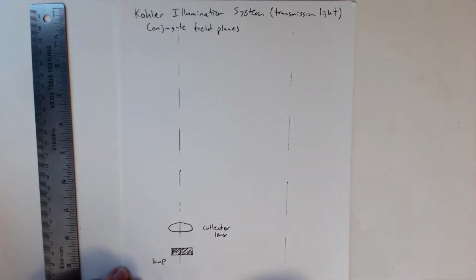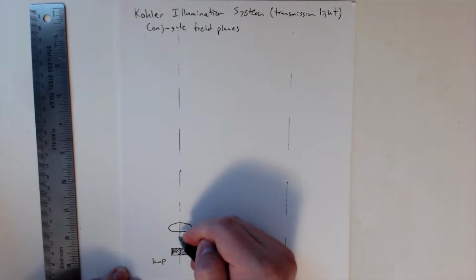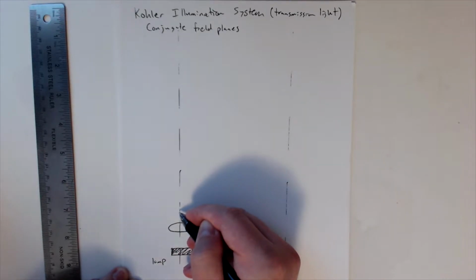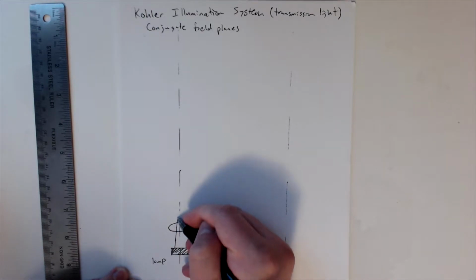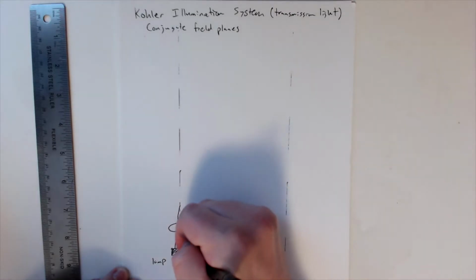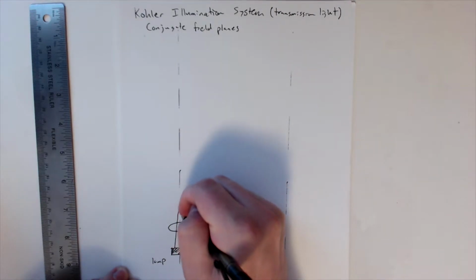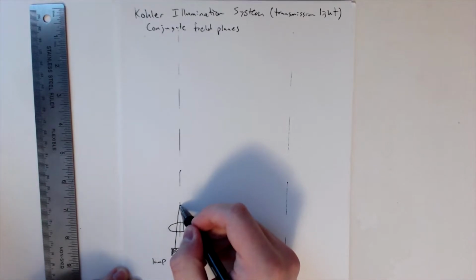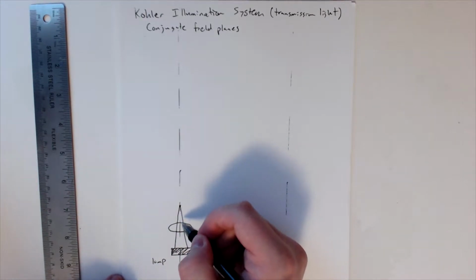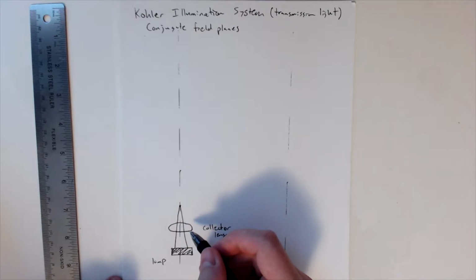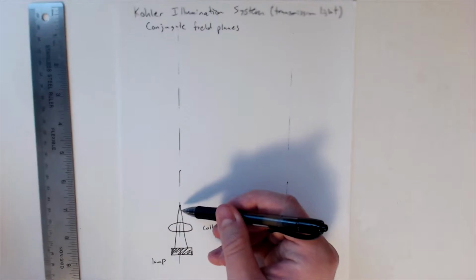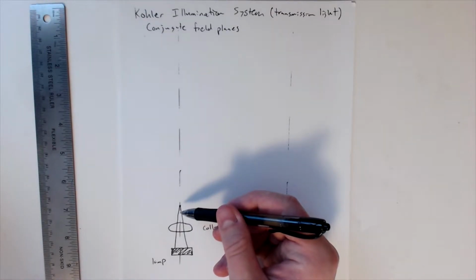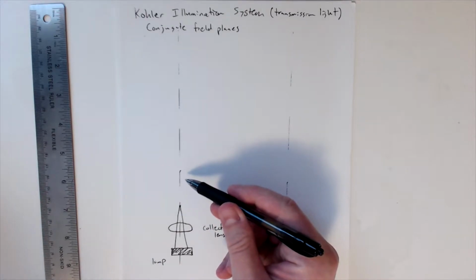It goes through this collector lens in order to become convergent to a specific plane. So if I think about my light going through the lens from the lamp, it converges, like we've seen before, at a point behind this collector lens. And that's important because this is going to be what we call the front focal plane for the condenser lens. So that's the next lens that we're going to talk about.